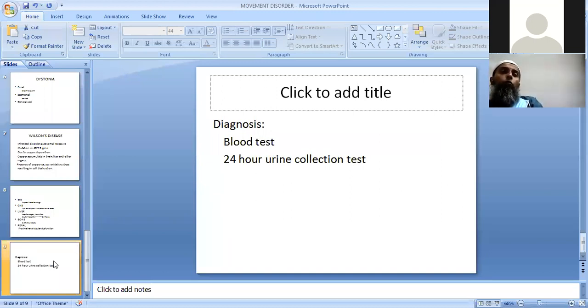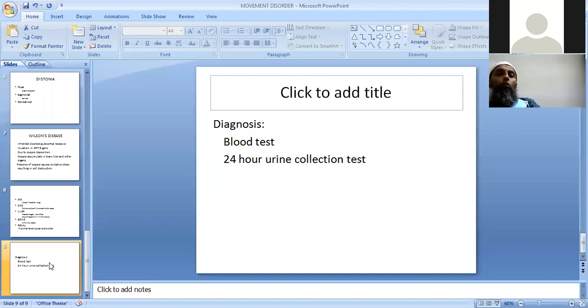And then how do you treat? The treatment is chelating, bringing the copper out of your body. So you want to make a proper excretion, and for that you have two types of medications. One is penicillamine, which will cause the copper to dislodge from the stores, when it is stored in the basal ganglia, in your liver, in your kidneys.